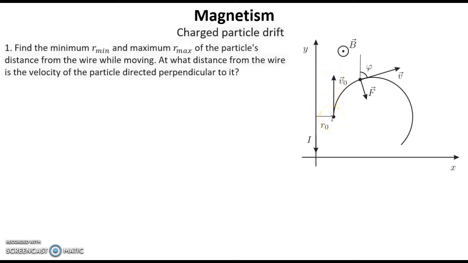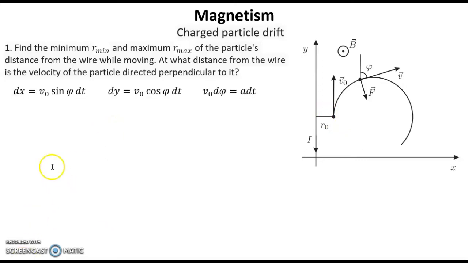Also we have a good variable, which is the angle phi between the vertical and the current velocity of this particle, which is changing.